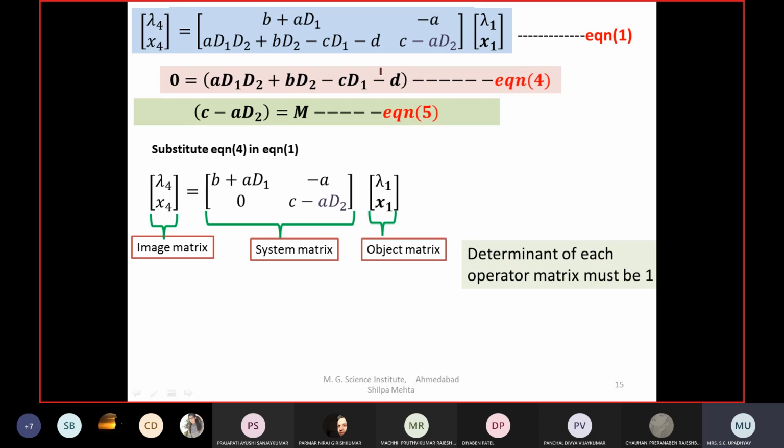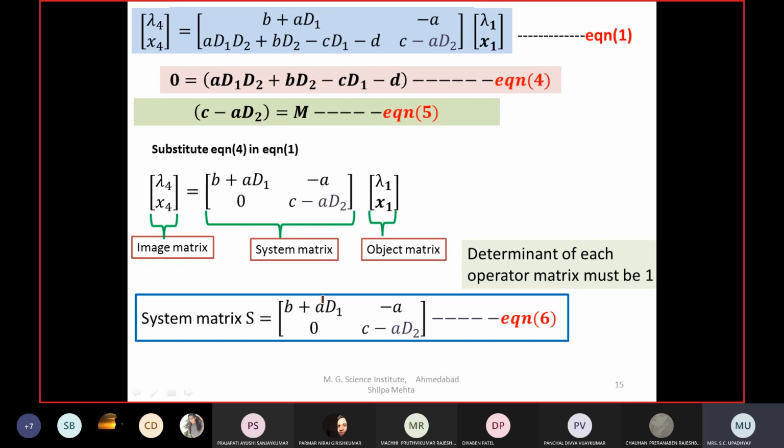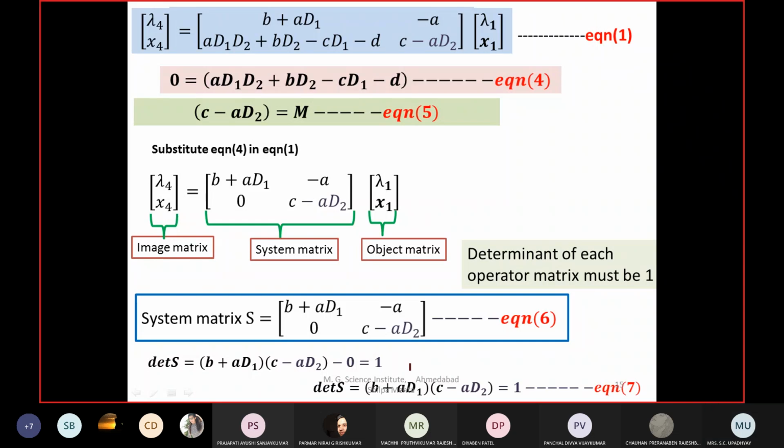Determinant of each of these operator matrices must be 1. તો આપણને આનો પણ determinant 1 હોવો જ જોઈએ, એટલે કે આના determinantની વેલ્યુ શોધીએ તો આ બેનું મલ્ટિપ્લિકેશન માઇનસ આ બેનું મલ્ટિપ્લિકેશન, 0 થાય, and therefore આ સિસ્ટમ મેટ્રિક્સ, અને આનો ડિટર્મિનન્ટની વેલ્યુ આપણે કન્સિડર કરીએ તો b plus ad1 into c minus ad2 minus 0 and that is equal to 1. એટલે કે b plus ad1 into c minus ad2 must be equal to 1. We call this equation number 7.